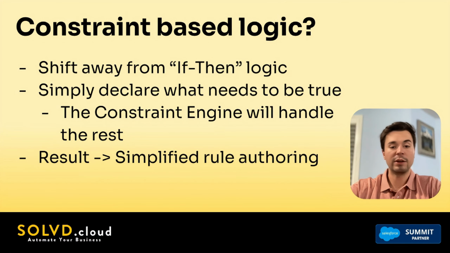It also handles bidirectional syncing, which is another really cool feature that makes setting up these rules a lot easier. And with constraint-based logic, we're not going to have to set up as many rules, and it's going to be a lot easier to maintain those rules going forward.